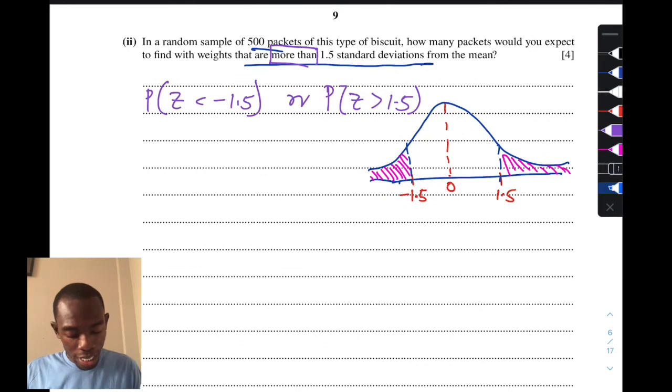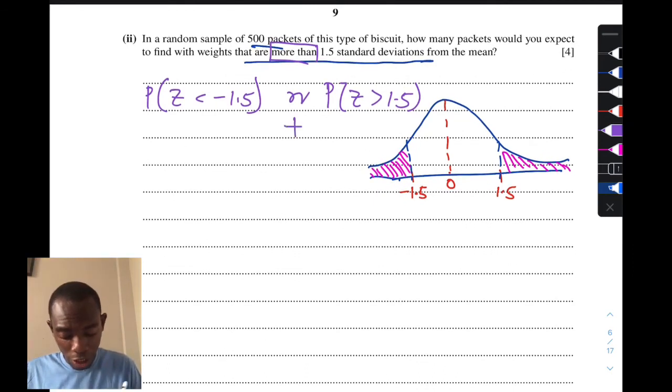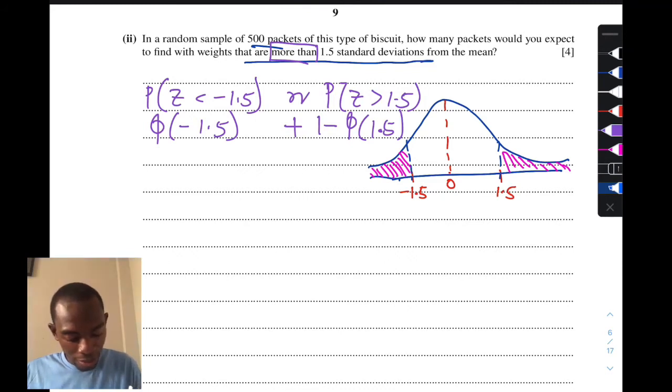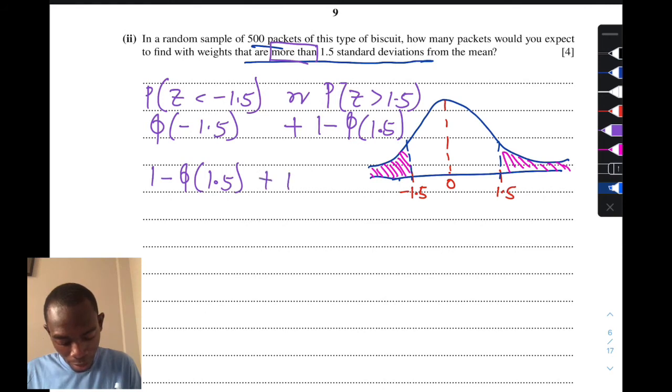All in probability or statistics, or means addition. So we have phi of negative 1.5, plus, oh sorry, this is greater than, so it's 1 minus phi of 1.5. And now this phi of negative 1.5 is also 1 minus phi of 1.5, plus 1 minus this guy.